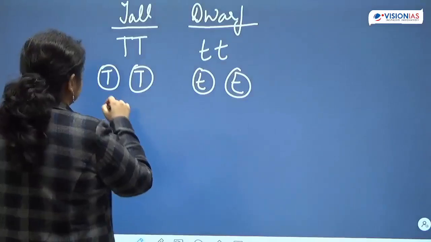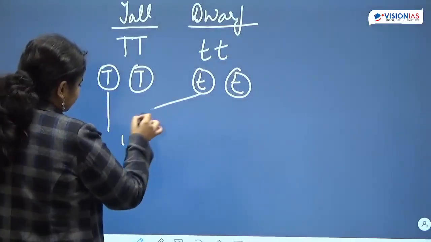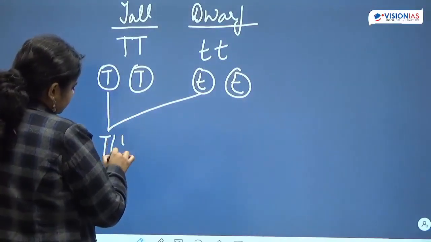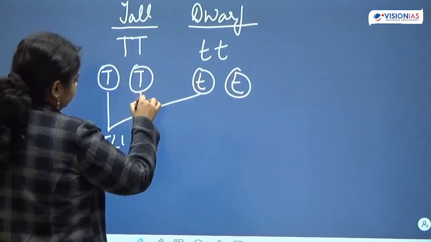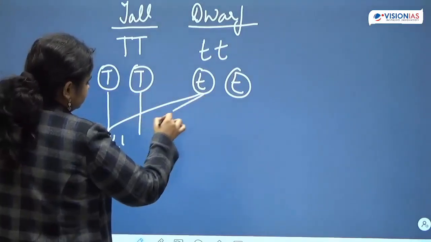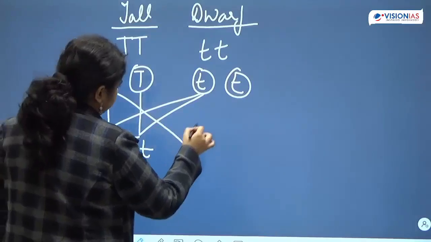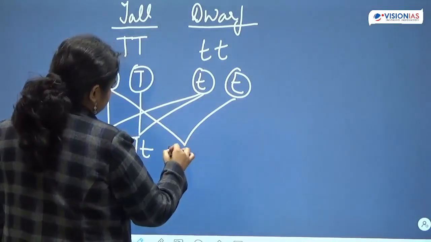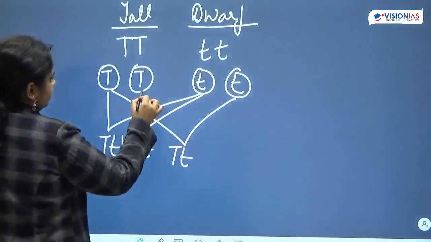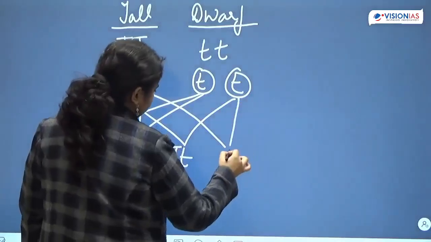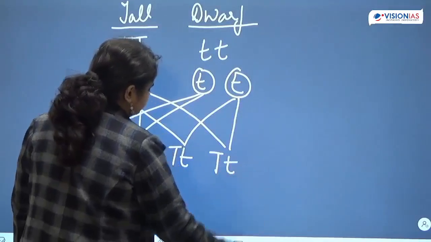Simple probability logic. So, T with this T, capital T, small t. Then the second T with this T, capital T, small t. Then capital T, small t again, and capital T, small t.